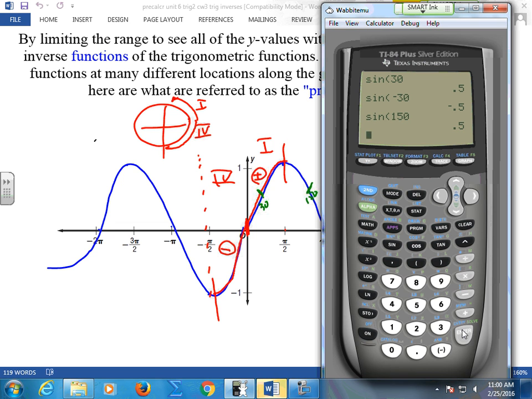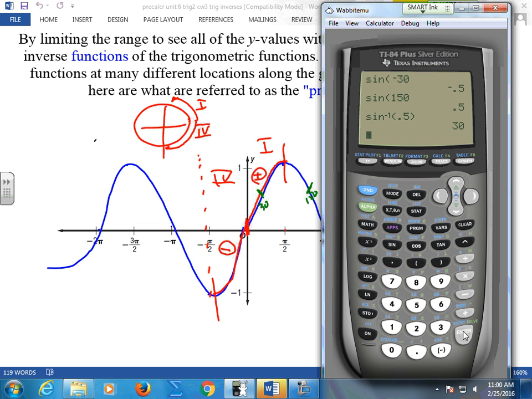So I'm going to say to your calculator, give me an angle whose sine is 1/2. Here it goes. Second sine, this is my inverse symbol, 0.5. Tell me what angle, and it only gives me 30. It doesn't give me 150.